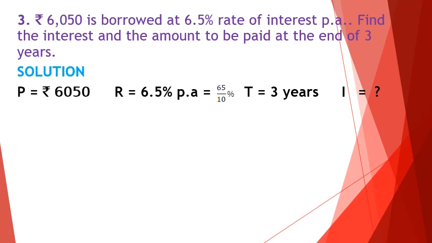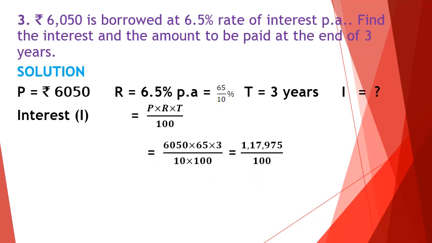So first we can find simple interest I equal to, tell me the formula. Yes, PRT upon 100. Now substitute the value. So 6,050 into 65 upon 10 into 3 upon 100. So cancel 0 from numerator and denominator and then multiply 605 into 65 into 3.